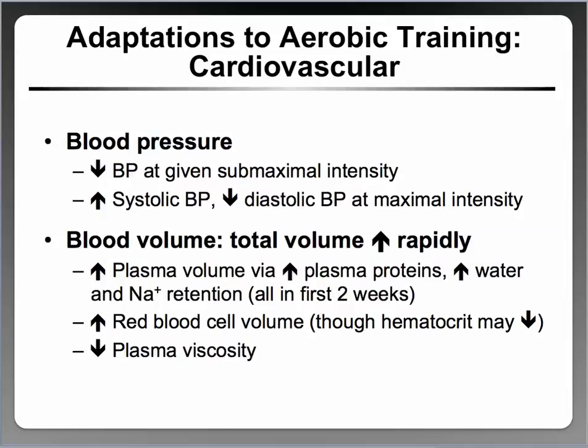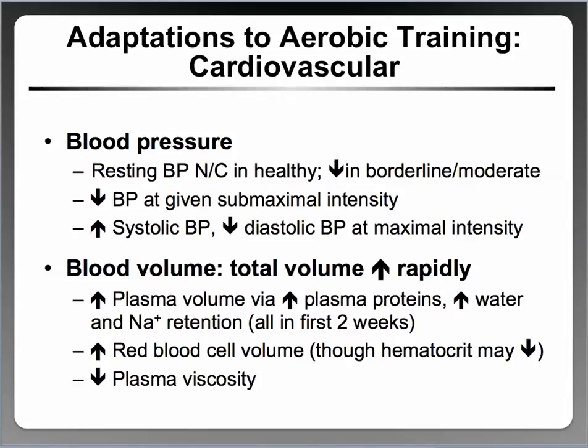So we're going to move on and talk about blood pressure briefly. I think there's a whole 2 paragraphs dedicated to this in your textbook, so we'll go ahead and talk about it. We should probably start off with resting blood pressure, and it's not here, so give me a second. Oh, okay, so I typed it in here for you so you can write it down in your notes. At rest, there's no change in blood pressure in healthy individuals.